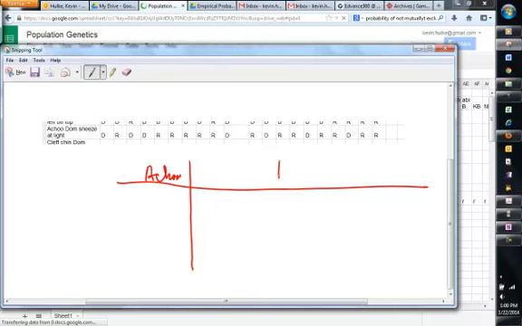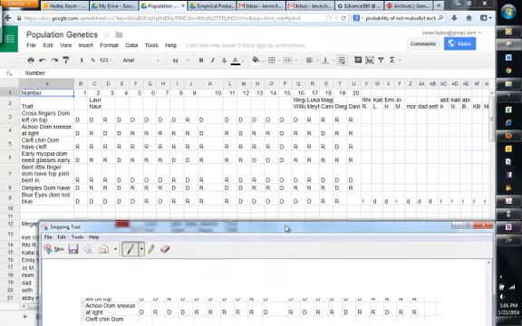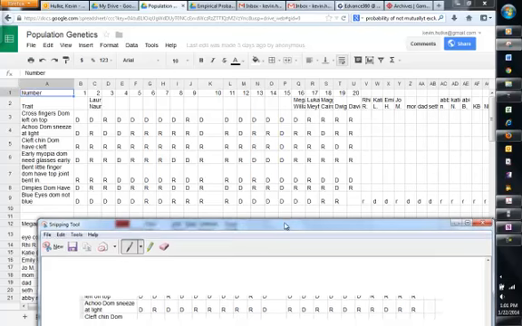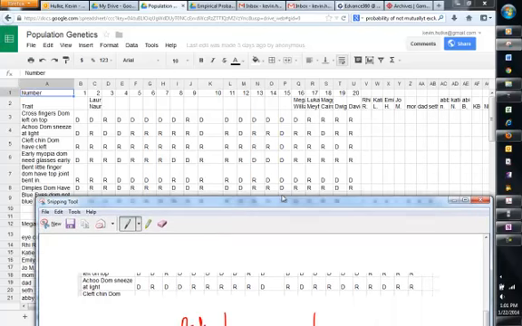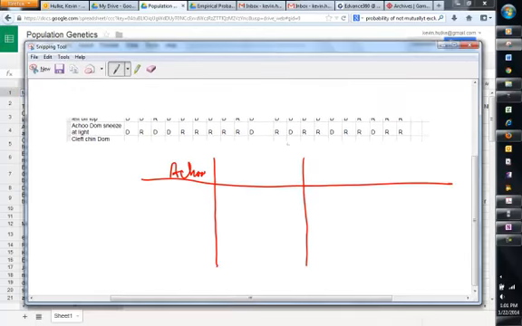In a chew, the dominant trait, I believe, is sneezing at light. Isn't that what we decided? Yes, dominant is sneezing at light, so recessive would be no sneeze.